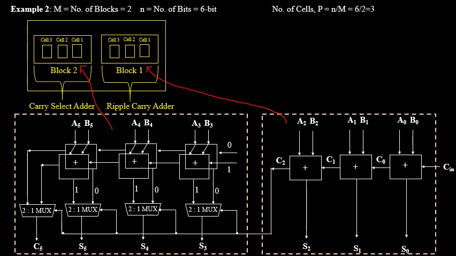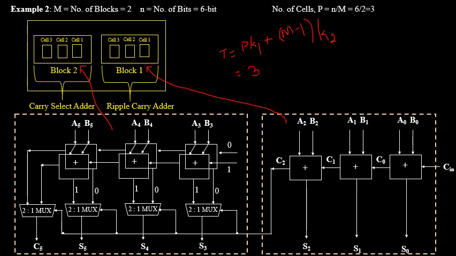So total computation time, we have the equation as the number of cells into K1 plus the number of blocks minus 1 into K2. So here the number of cells, we have it as P value as 3.